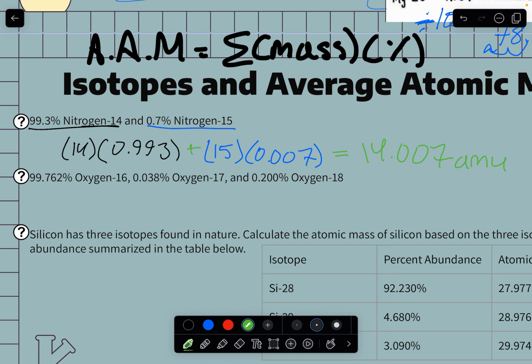Okay. For our second example, we have three isotopes: oxygen 16, oxygen 17, and oxygen 18. Remember, we're going to do the mass.